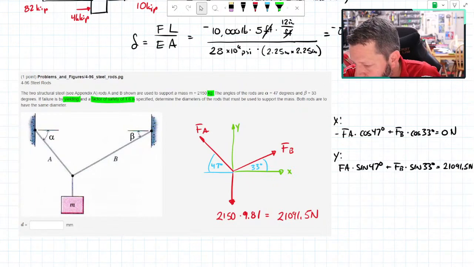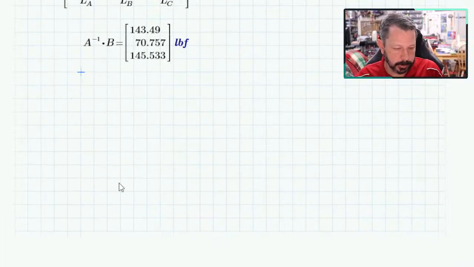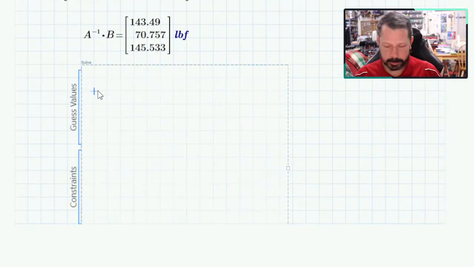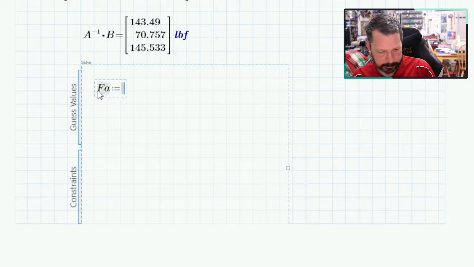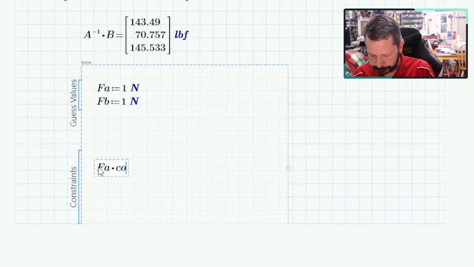So let's go to MathCAD. We'll do a solve block over here. I know you certainly can't do that on the exam. FA's 1 newton. FB, this is my initial guess, 1 newton. My constraints are the two equations. I used F lowercase a instead of doing subscripts.